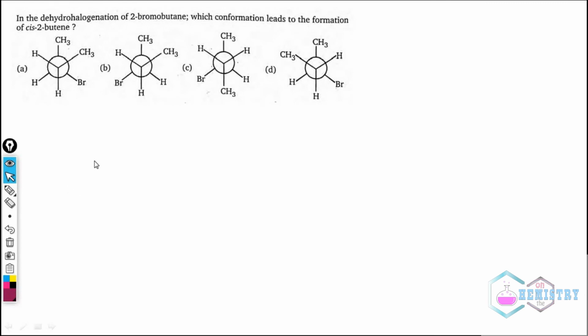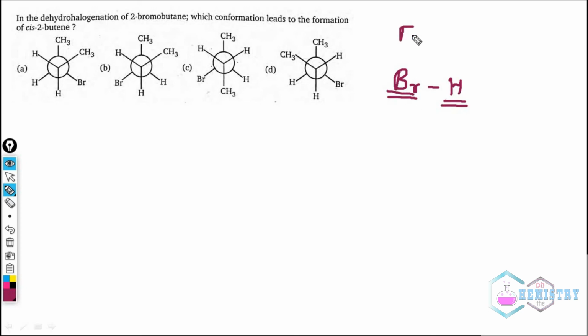So the last problem for today is this one. This one is a little bit lengthy, but if you can do it effectively, what will you get? Upon dehydrohalogenation of 2-bromobutane, which conformation will lead to formation of cis-butene? Now we can check all of these options, but you can always see that the bromine will always be anti to another hydrogen.